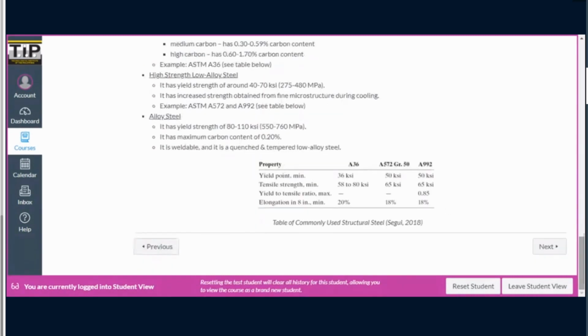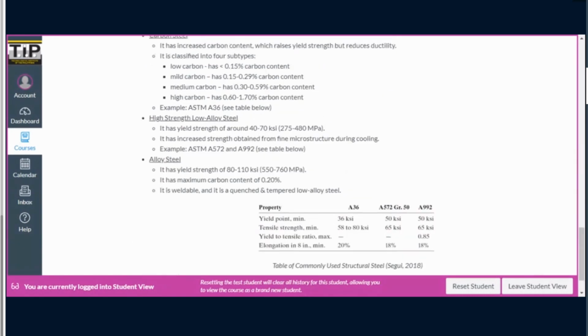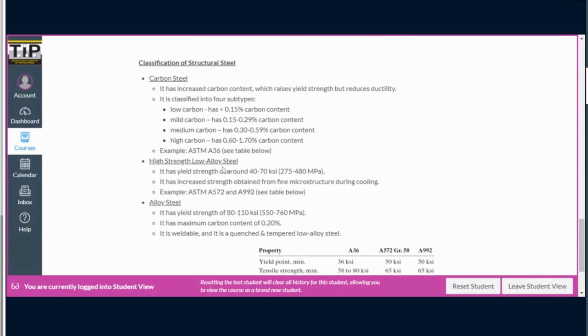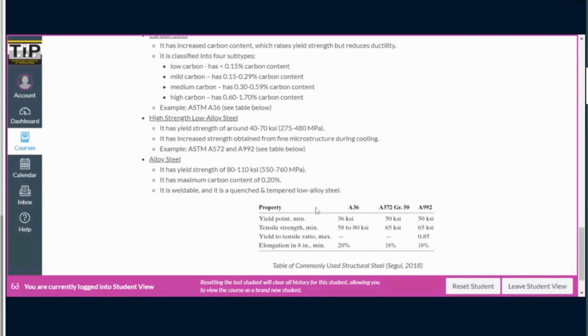Next, high strength low alloy steel. The main advantage of this over the carbon steel is that it has a higher yield strength compared to carbon steel. So ASTM A36, if you see the table right here, the yield strength is around 36 KSI.